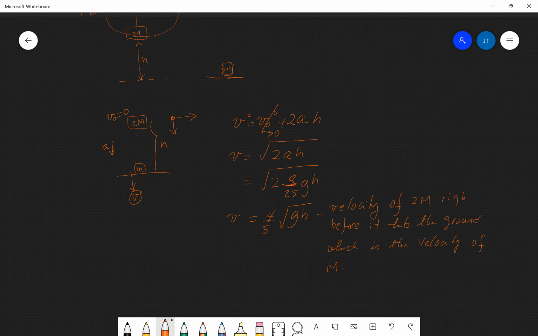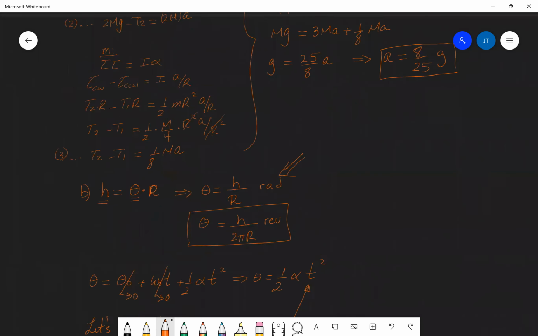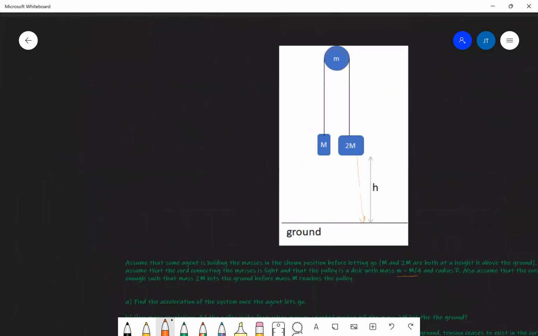Again, in your mind, as this one goes down a distance h, this has to go up a distance h. And right when that h is reached, this is moving up at some velocity. I'm going to call it v0. It's the same velocity that this one is about to hit the ground with.